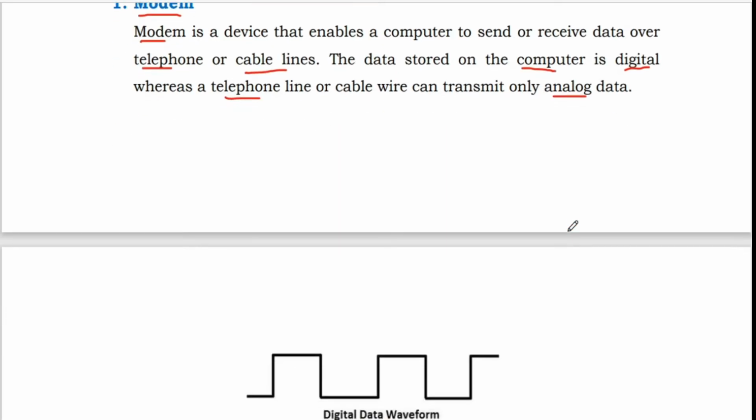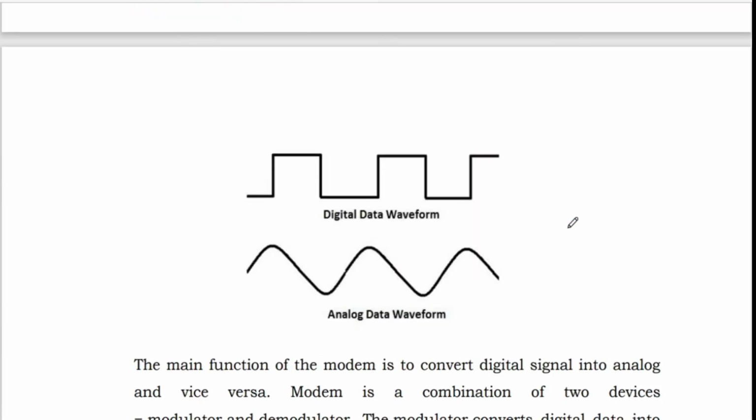This is the difference you find between the digital data waveform and the analog data waveform. Your telephone receives data in analog form, whereas your computer receives data in digital form.